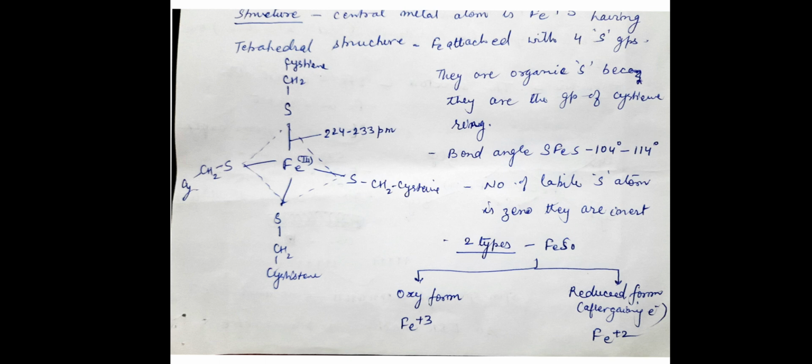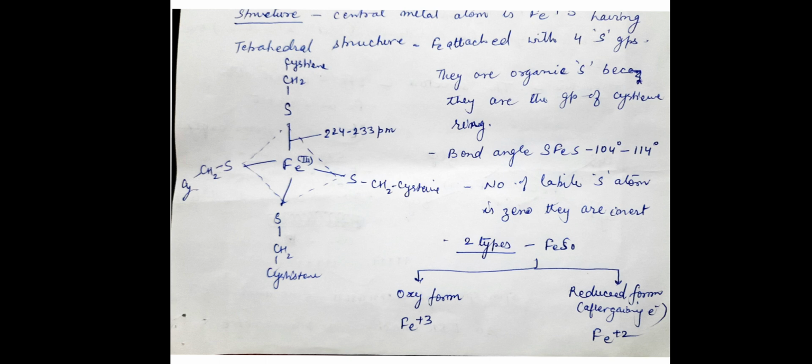These are of two types of FeS0. First is the oxy form, another one is the reduced form. What is the oxy form? Fe is in +3 state. That compound is called the oxy form. And if this Fe+3 gains 1 electron, then it converts into Fe+2, and this is the reduced form of FeS0.